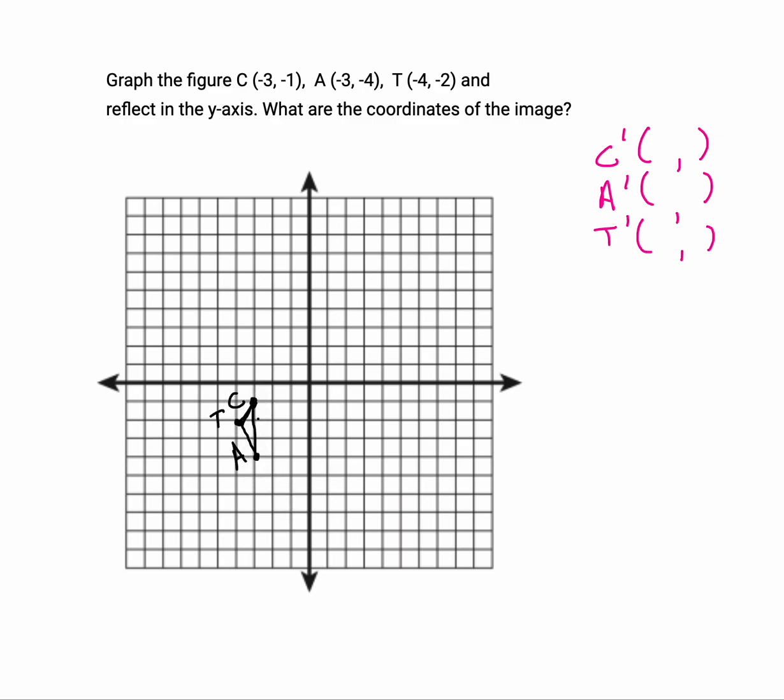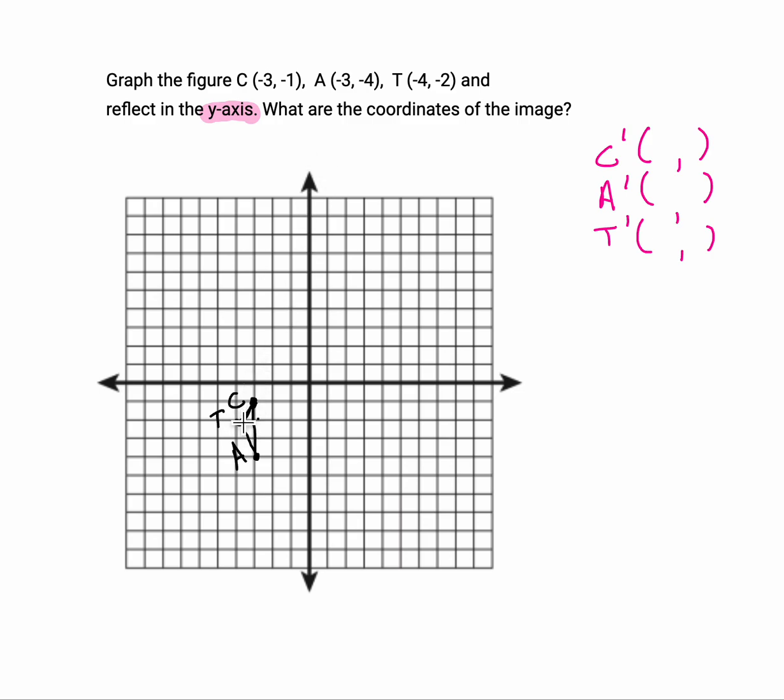So now I'm going to switch. Wait a minute. Before I switch, I want to grab my highlighter, and I'm going to highlight which axes. I love this because it helps me think, okay, y-axis. This is the x, this is the y.